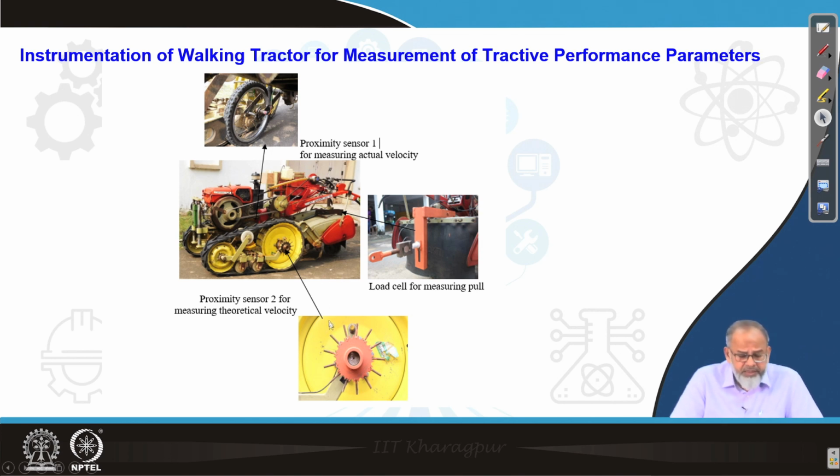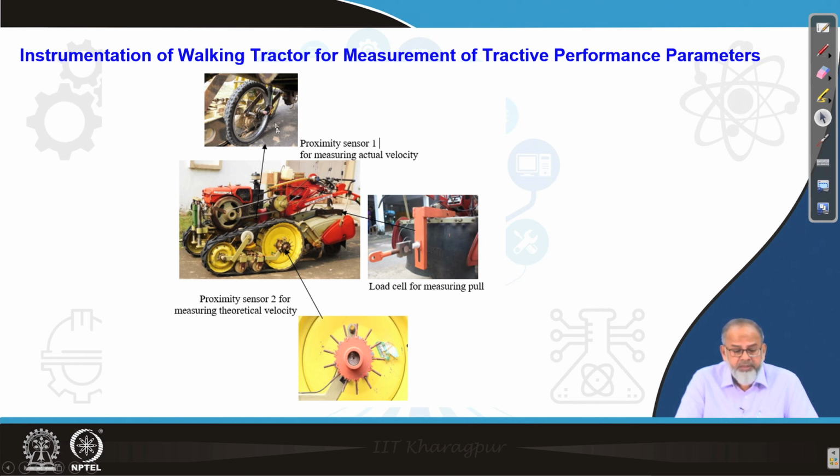A similar arrangement has to be made for measuring the actual velocity. But in a power tiller, since there is only one drive axle and in the front there is only an idler, we have put a separate towed wheel, mounted to the tractor chassis.